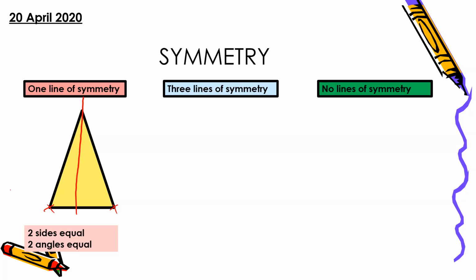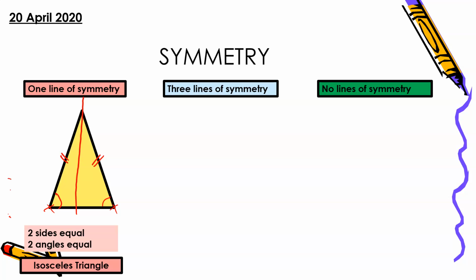And these lines have two sides that are equal. And the third side is a different length, but also they have two angles that are the same size as well. That's called an isosceles triangle.